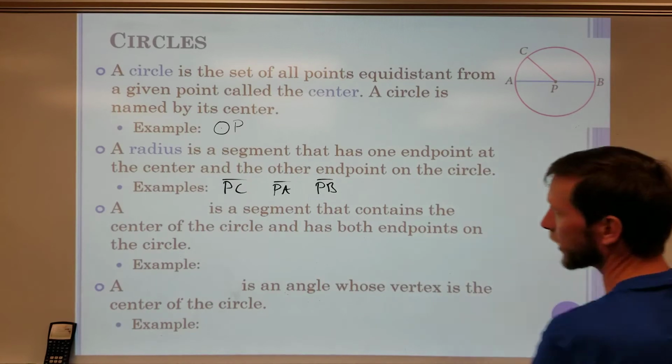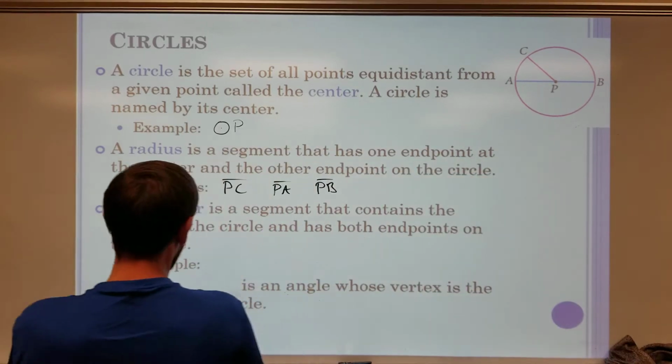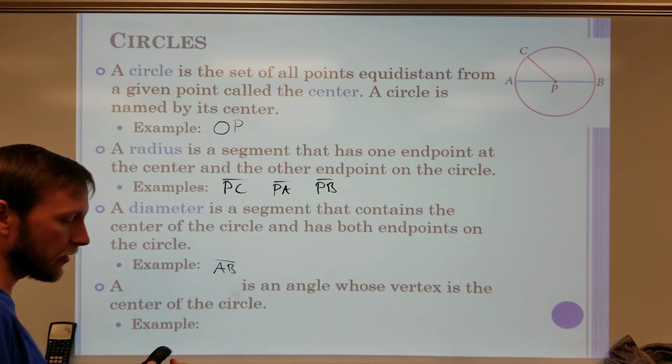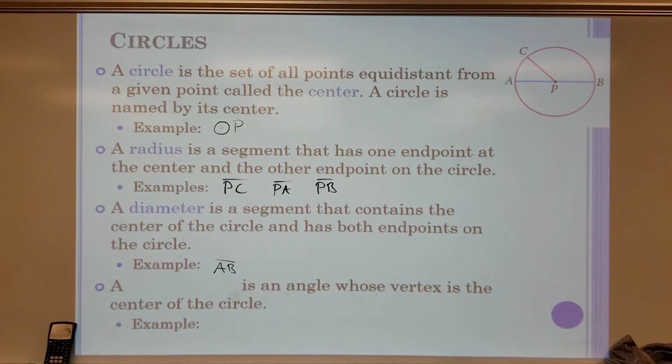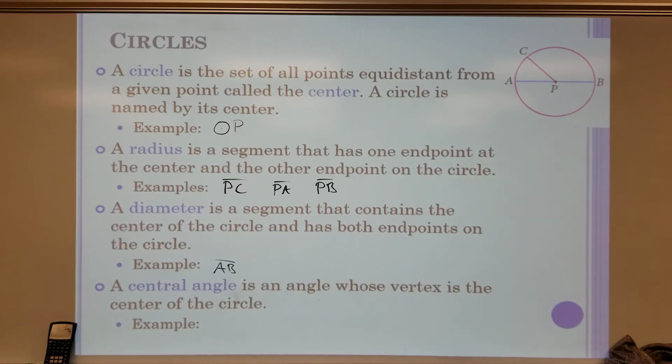They are all radii. A diameter is the segment that contains the center, but has the endpoints on the circle. So in this particular case, diameter AB has point P in between points A and B. Point A is on the circle, point B is on the circle. And then there's this last concept, which is not new to this unit. Just like some of these other concepts are not necessarily new here, we're just having the notation.